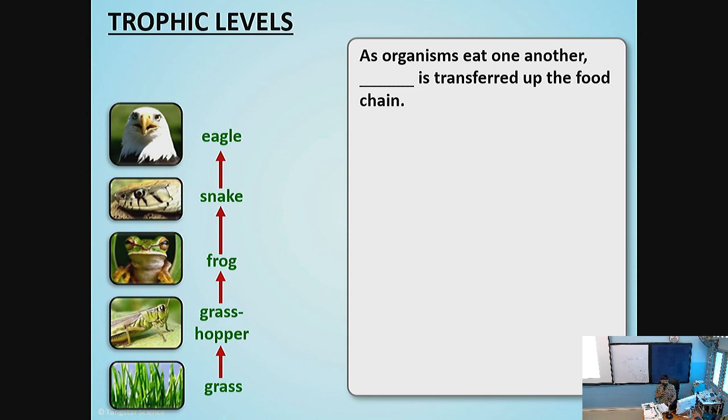As organisms eat one another, blank is transferred up the food chain. What's your answer? Again, as organisms eat one another, blank is transferred up the food chain. What do you think is the answer?